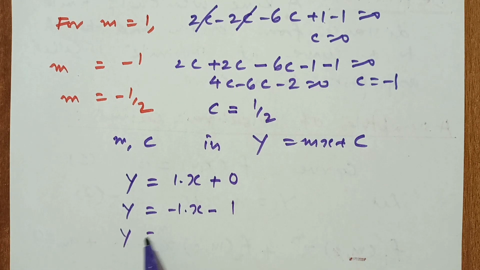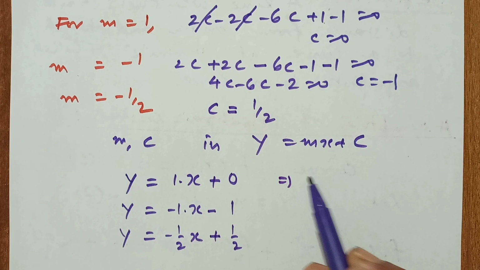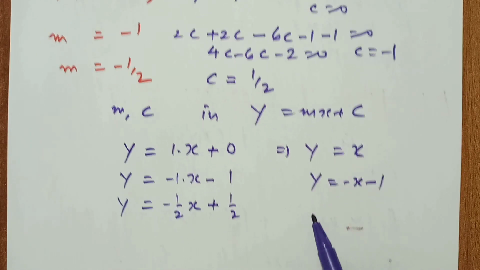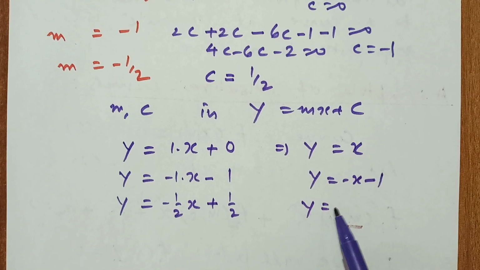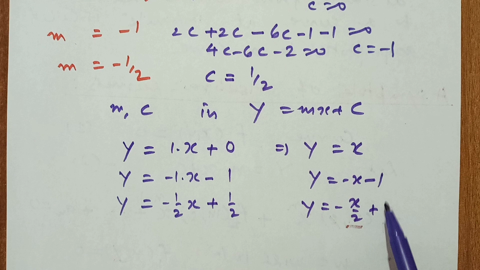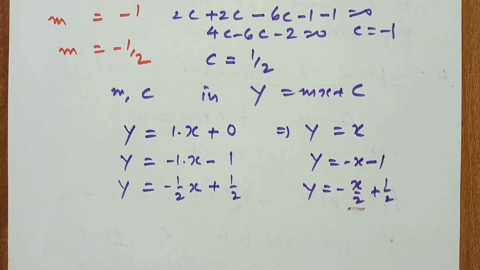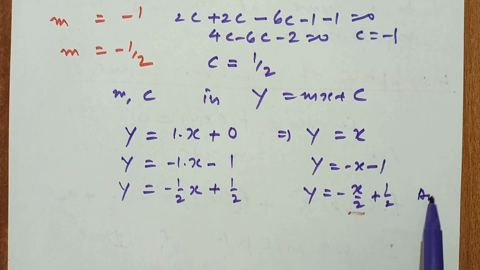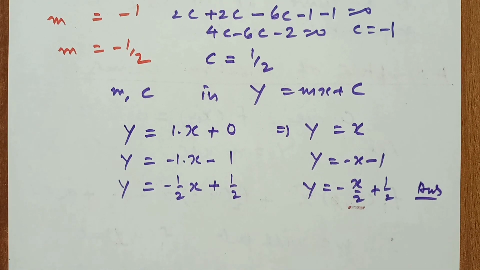And the third is y is equal to minus 1 by 2x plus 1 by 2. It means y is equal to x, y is equal to minus x minus 1, y is equal to minus x by 2 plus 1 by 2. So these are the asymptotes of the given curve. So this is the answer.